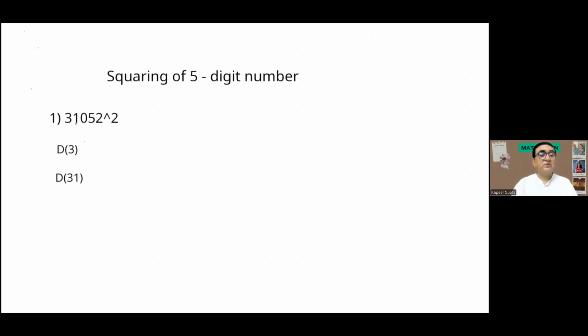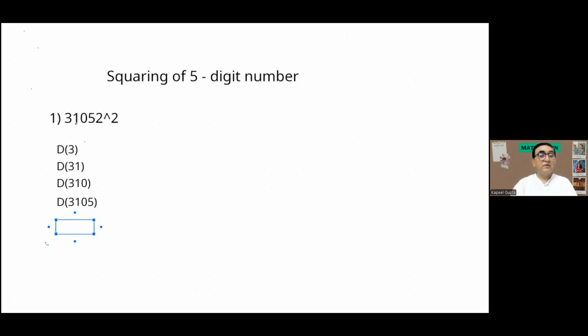Then the third one will be D310. Then D3105, then D31052.